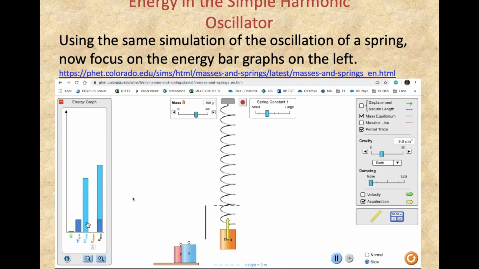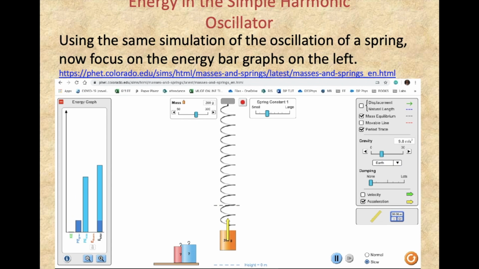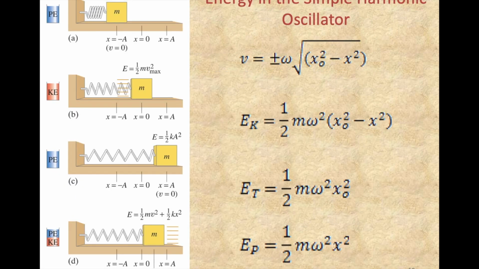Now these graphs obviously include the gravitational potential energy. I want you to ignore that. I want you to look at only the elastic potential energy over here, because we're focusing on the oscillation only. So that was to observe the energy graphs using the simulation.